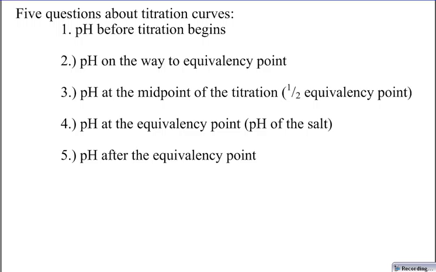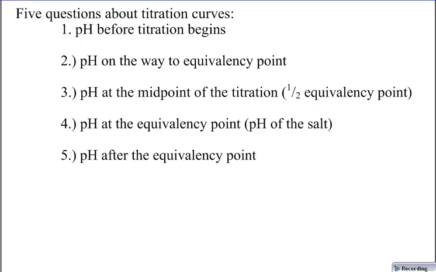pH on the way to the equivalency point is just a fancy way of saying buffers, because you've entered the land of buffers. So we're going to use our same formula. Concentration of hydrogen equals Ka times the concentration of acid divided by the concentration of base. And you're going to add and subtract whatever is being added from the standard solution.